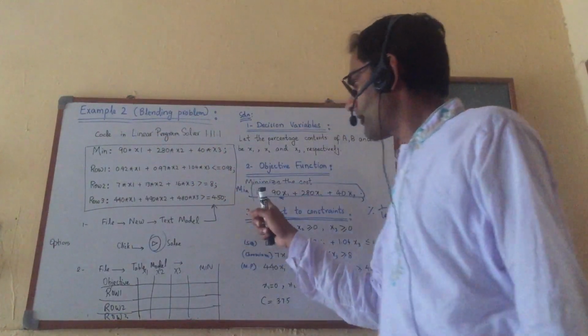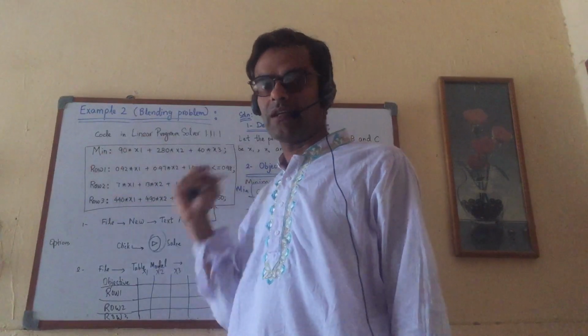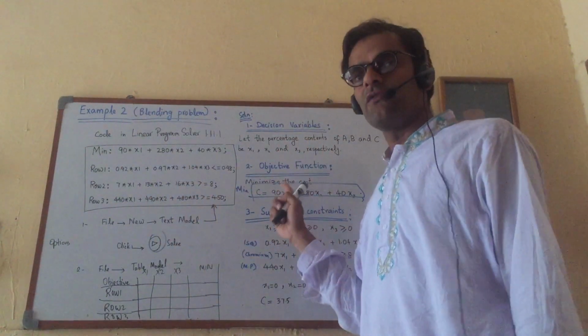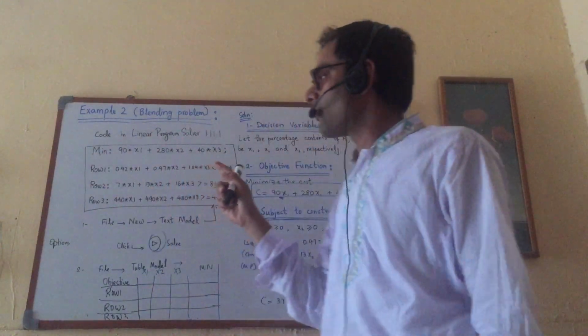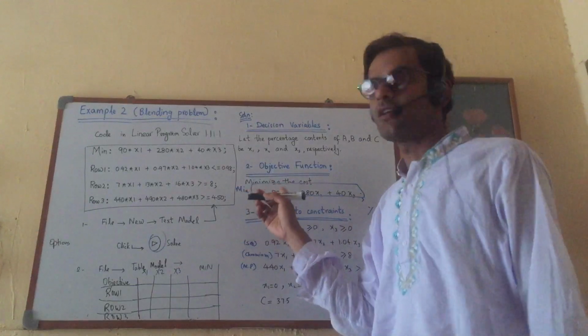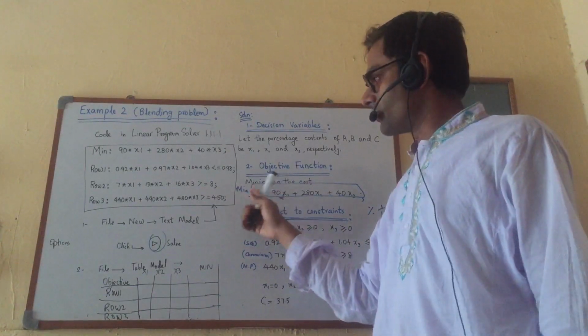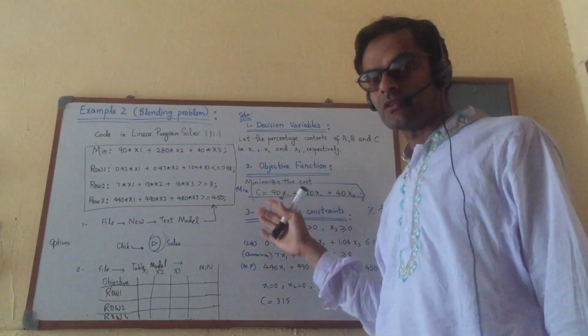We have a minimum function, right? So we write min here. If we had a maximum function, we would write max. I'm writing minimum here because our question is to minimize cost.